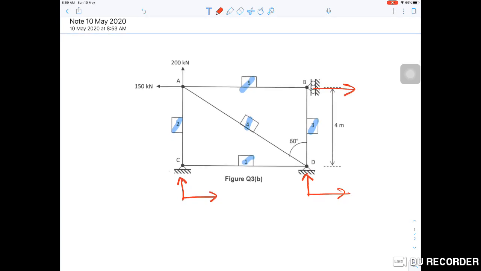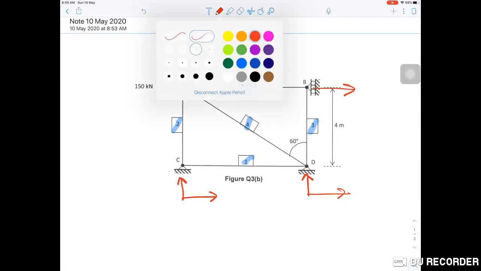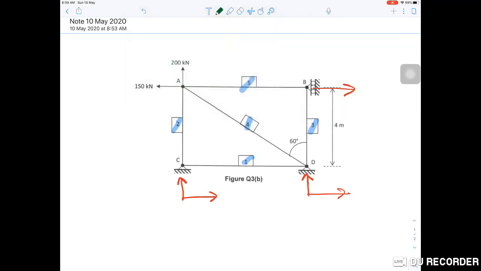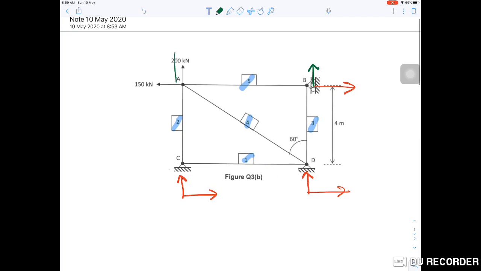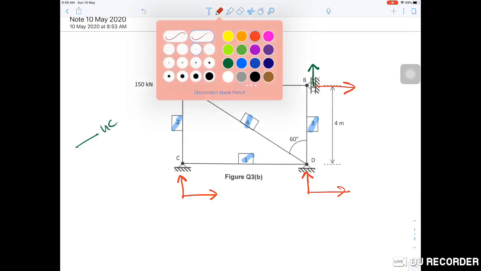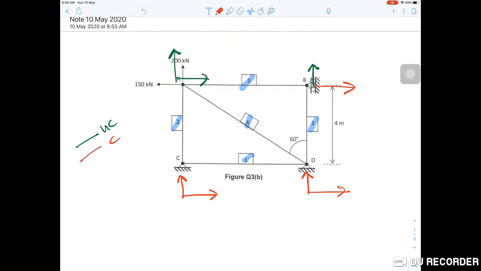And I want to use different color for the unconstrained. Just now is constrained. Okay, so I use the green for unconstrained. So remember that each node must have 2 degrees of freedom. So like this. Okay, so the green one is unconstrained, and the red one is for constraint.